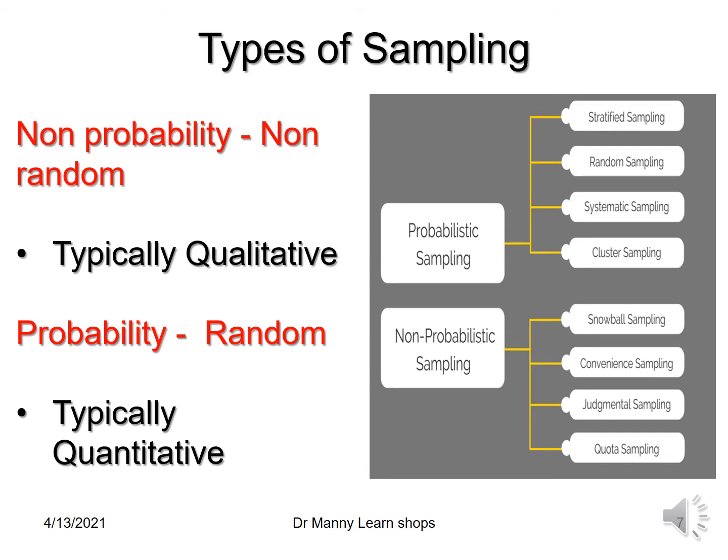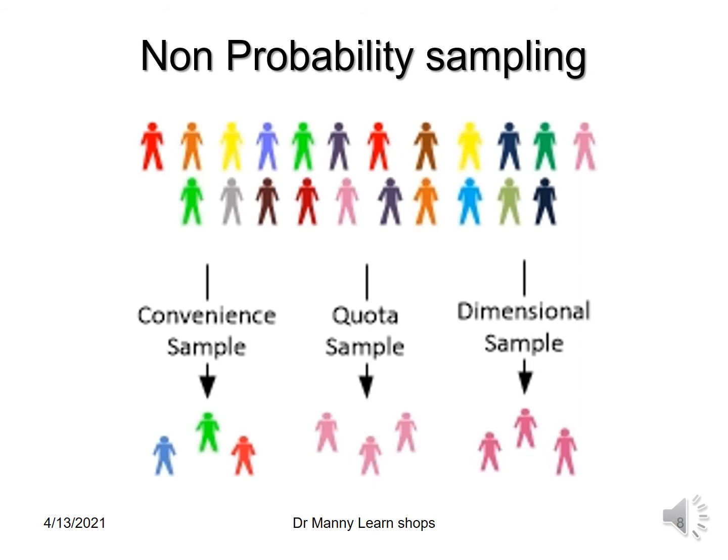This can include random sampling, systematic sampling, stratified sampling, or cluster sampling. But there are many, many more. It depends on what you want to find out. Examples here, we're going to be looking at non-probability sampling, and as I mentioned previously, convenience sampling, quota sampling. Other aspects could include dimensional sampling. There are many different types of non-probability sampling.